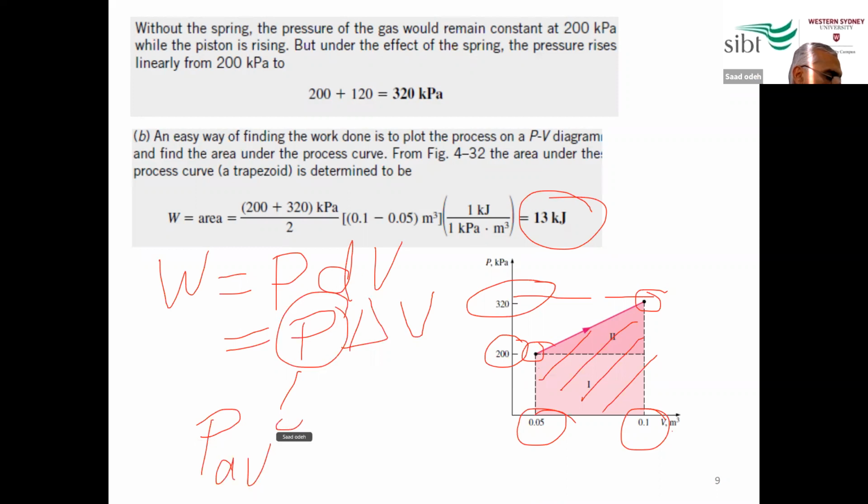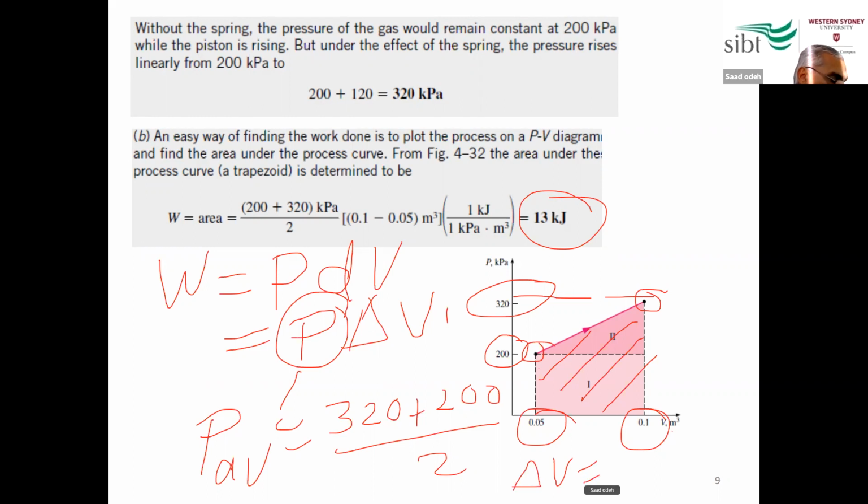So P average is (320 plus 200) divided by 2, and multiply this by delta V, which is the change in volume. Delta V here is equal to 0.1 minus 0.05.